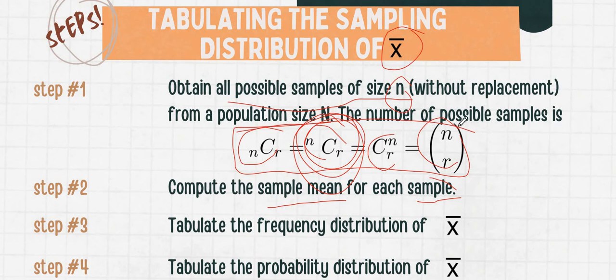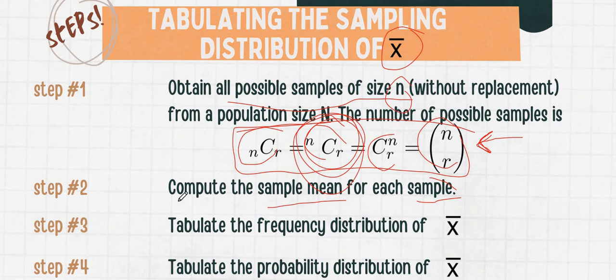So how do you know how many possible samples there are? The number of possible samples is given by this, either way of writing it, but the calculation is just one way. I already showed you in chapter 3, and I already uploaded the link on how to use your calculator to get NCr.